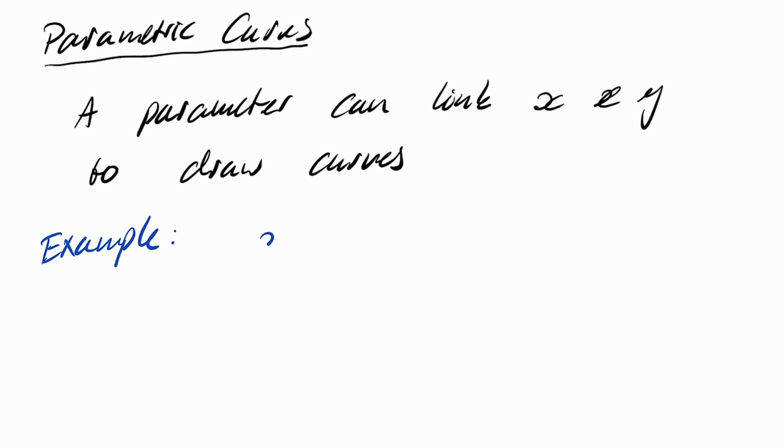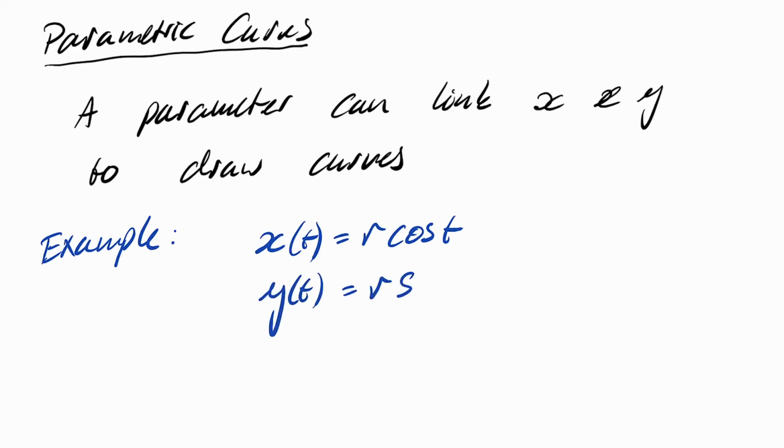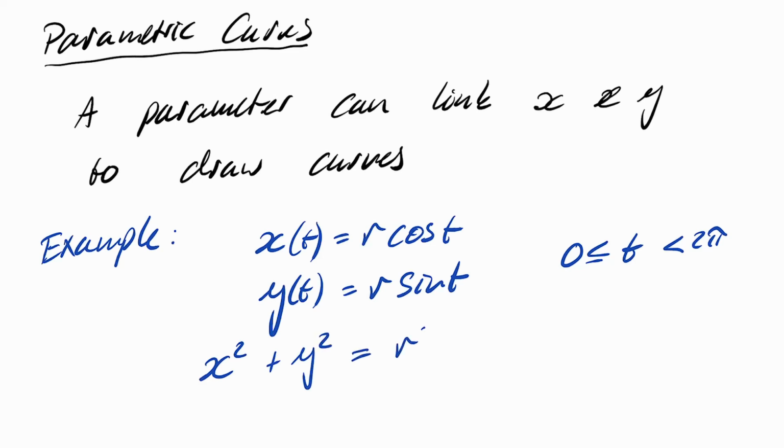If I write down x as a function of t as r cos t, and y as a function of t as r sine t, and I let t be in the range 0 to 2 pi, then this will trace out a circle of radius r. I can see that if I convert it to the equation of a circle by just squaring and adding these two things: x squared plus y squared will equal r squared.